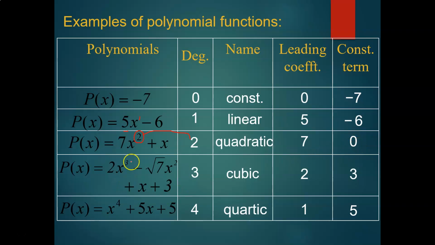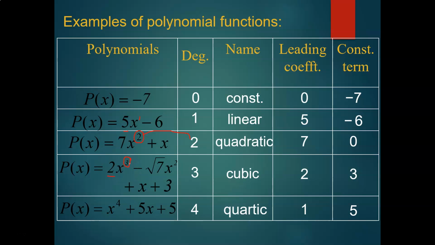And for this one, 2x cubed minus square root of 7 x squared plus x plus 3. So the degree is 3 over here. And this function we call a cubic function. So the leading coefficient will be 2. Leading coefficient, once again, I remind you, we find by finding the highest power of x.